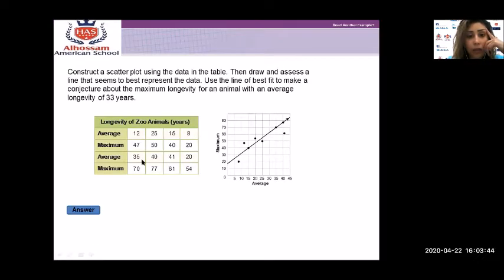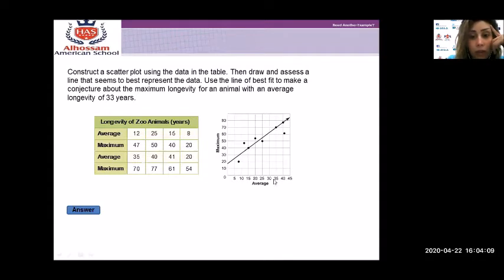And then here I have the second example we had a few minutes ago. We have the scatter plot of the average and maximum years of animals. So construct a scatter plot using the data in the table. And here I want to use the line of best fit to make a conjecture about the maximum longevity for an animal with an average longevity of 33 years.